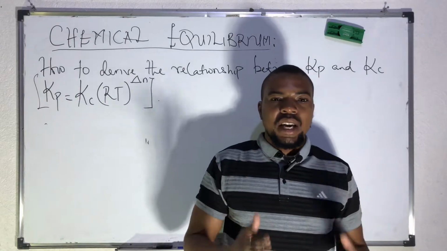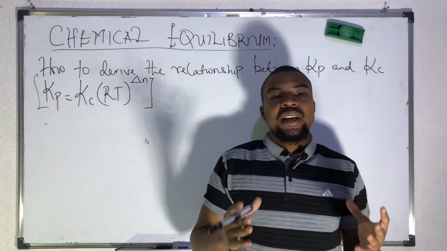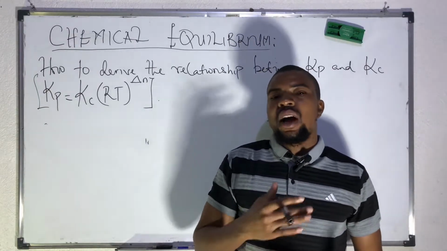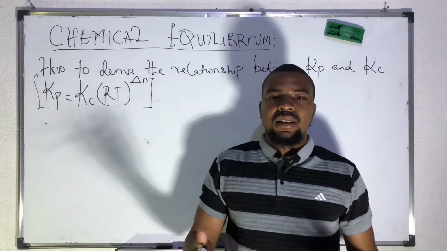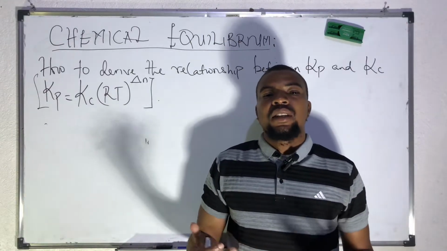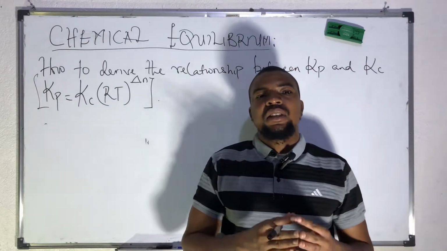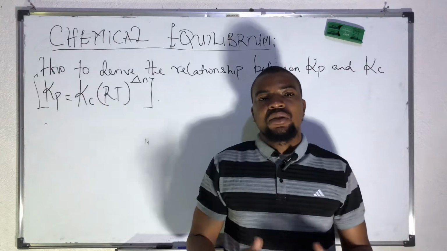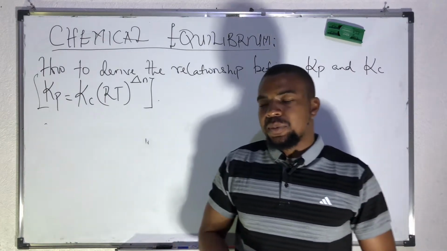If you know how to write a Kp expression, it's going to be easy for you. Number 3 is how to write the Kc expression. If you know how to write a Kc expression, it's also going to be easy for you. And lastly, you must know the basic laws of exponents, because with that, we're going to derive this very expression. It's going to be easy for us to simplify and to work with. Now, let's begin.